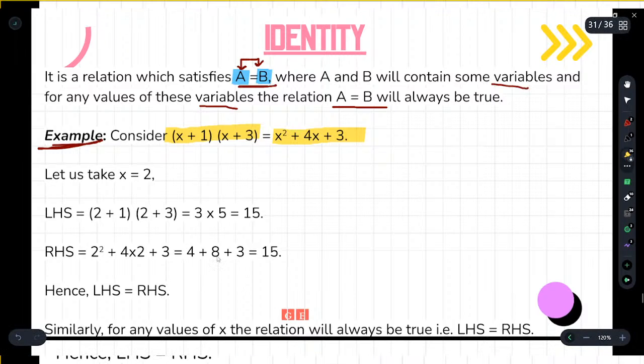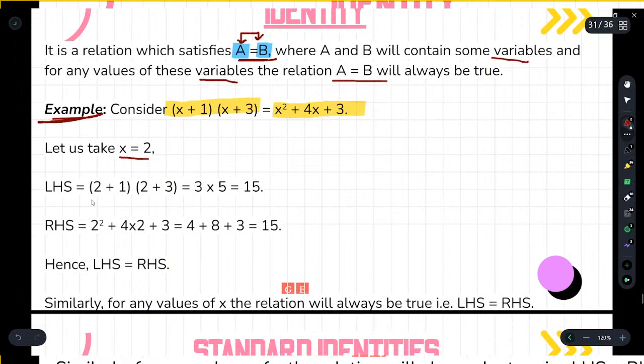So what is there? Let us take x is equal to 2 and LHS is equal to 2 plus 1, 2 plus 3. Okay, in this algebraic expression, I have taken x as 2 everywhere. Wherever there is x, I have written 2 instead of this x.